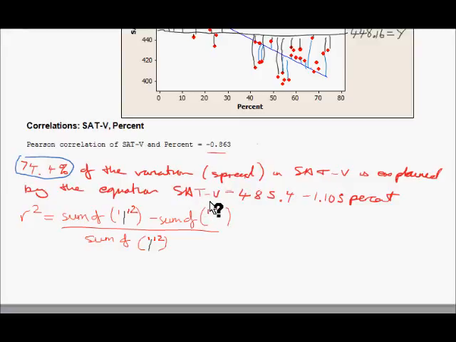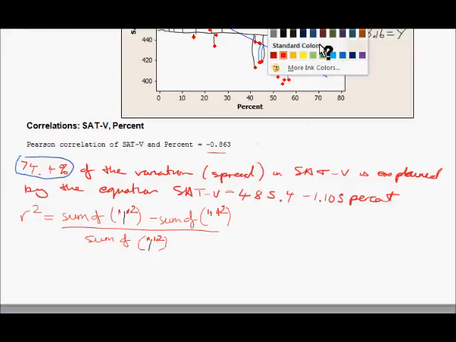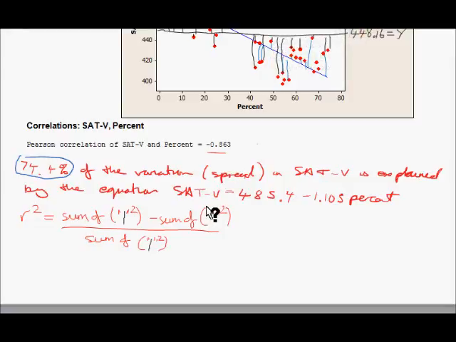Likewise, I'm going to get those blue lines and square those distances. Maybe I put a double quote in here so we can see those quotes there. And those on the blue distances. I want the other blue. There we go. That's what R squared is doing.